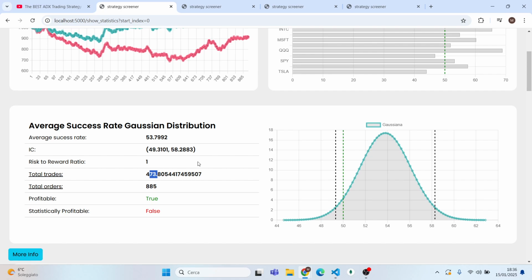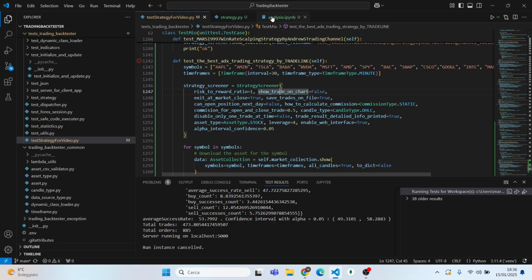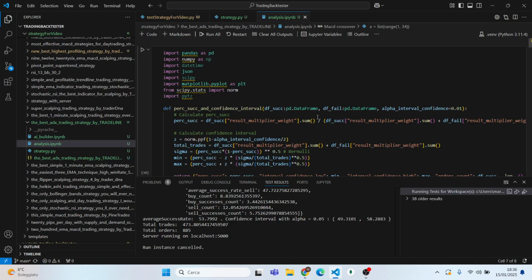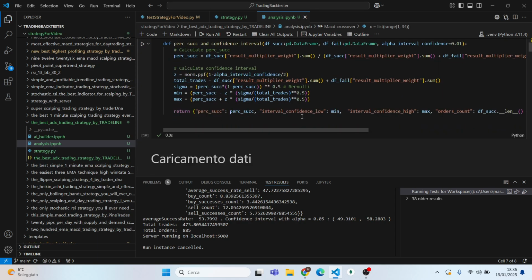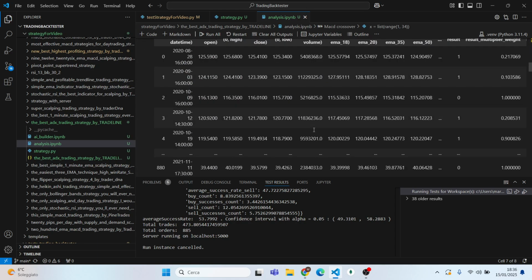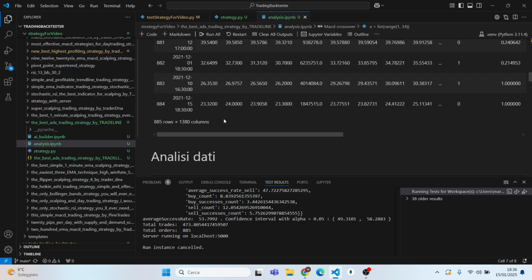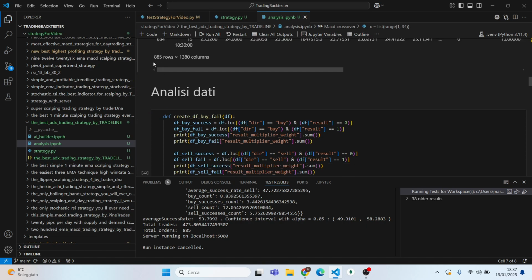So okay, now we can see that these are the default results with the default settings, but now it's time to improve it with statistical analysis. So let's watch together these files. First of all, I have downloaded all the trades, so like 900 orders, not trades.